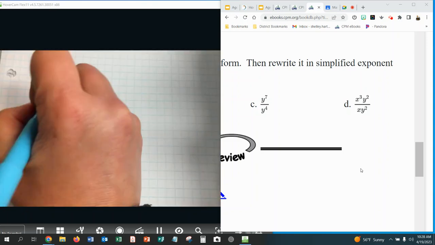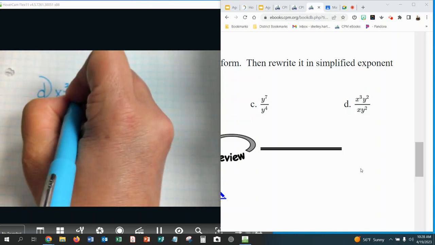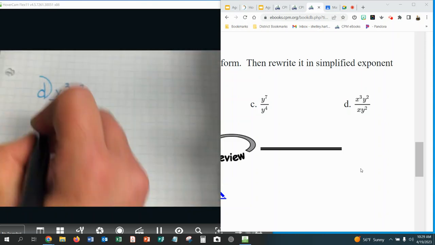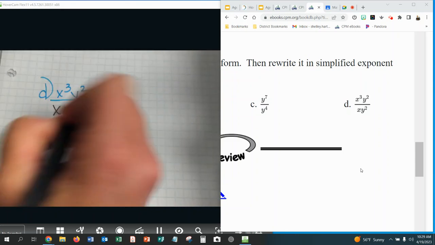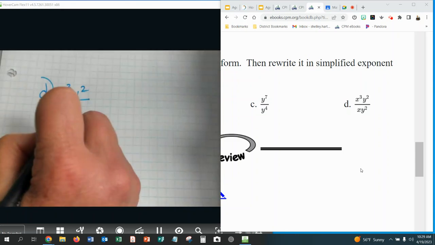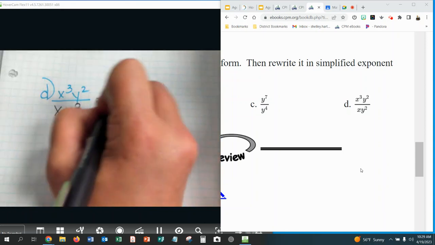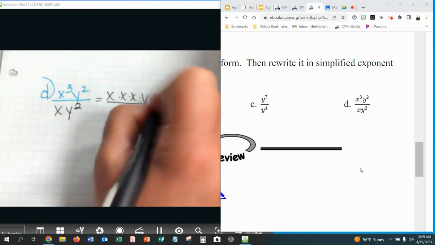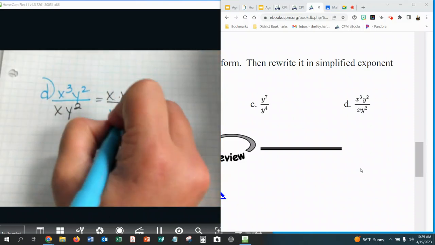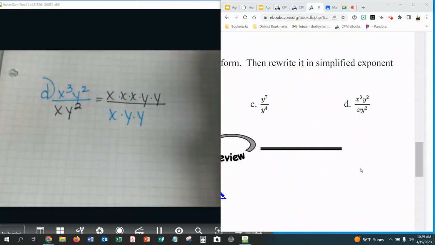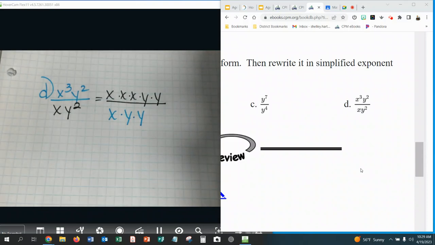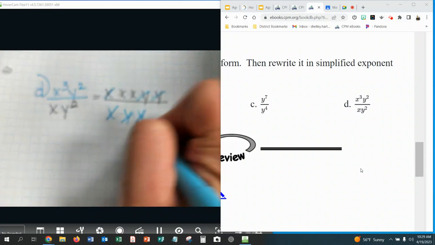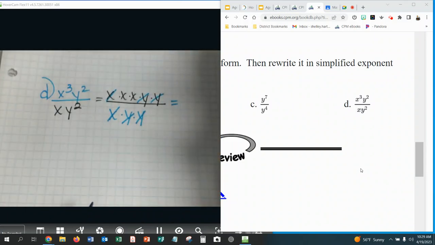We've got x to the third, y to the second, over x, y to the second. And watch, I'm just going to do this: x times x times x times y times y over x times y times y. All right, let's start cross-canceling these out. What have you got left over?